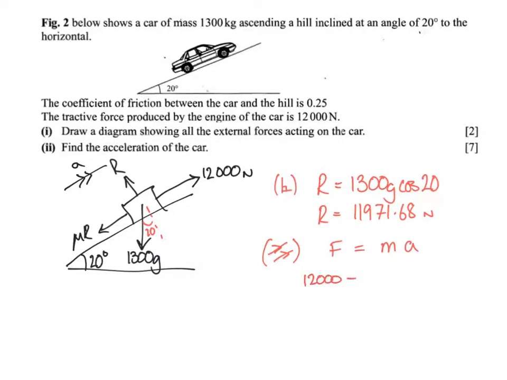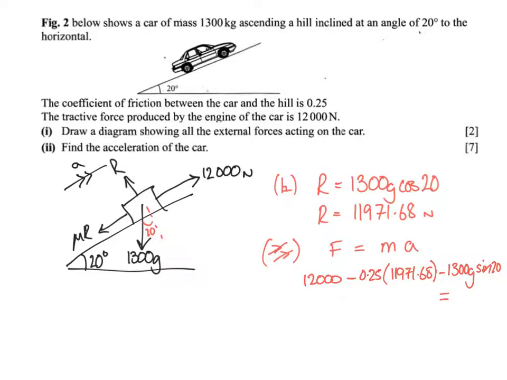Down the slope, it's minus mu R. So mu is 0.25 times R, which is 11,971.68. And we also have minus 1300 g sin 20. Those are our three forces, and that will equal the mass times the acceleration.